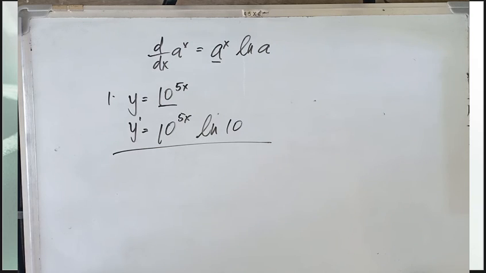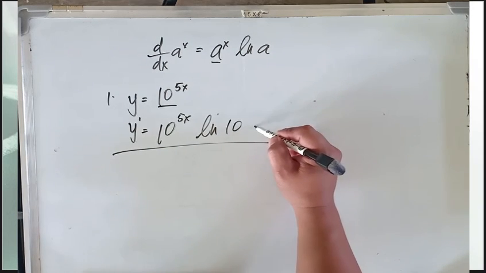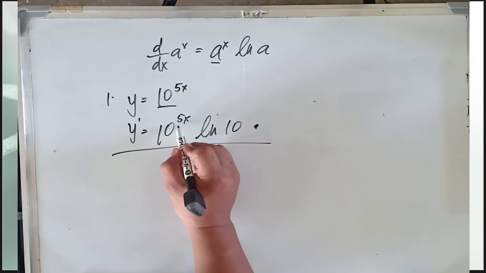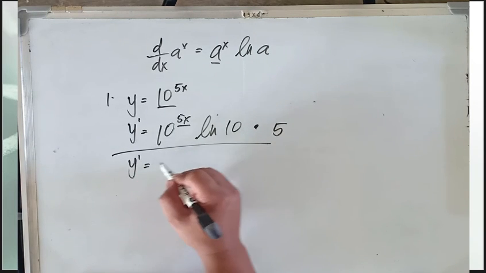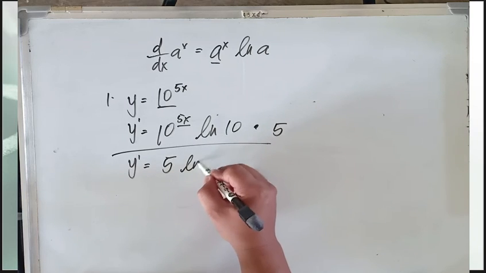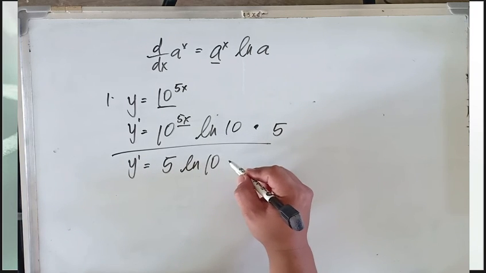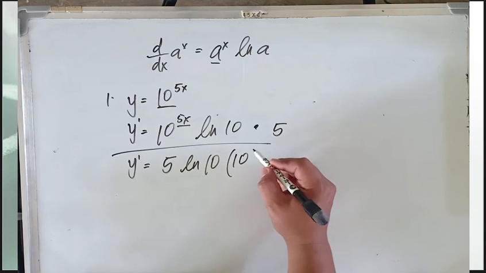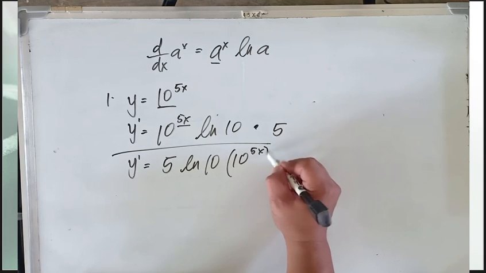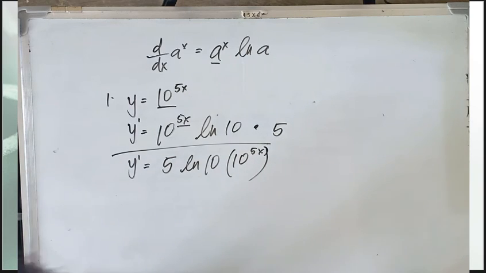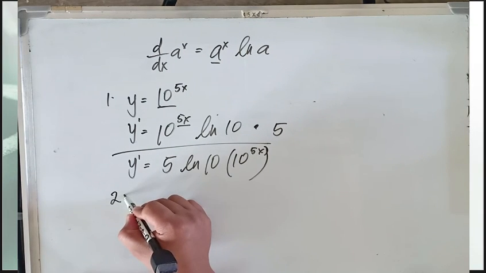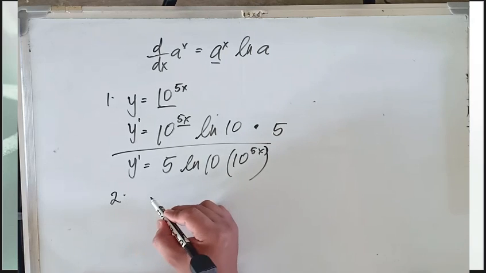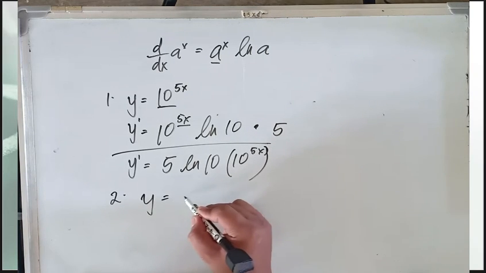Times the derivative of 5x, which is 5. So y prime is equal to 5 ln of 10 times 10 raised to the 5x power. For number 2, we have y is equal to 2 raised to 5x.